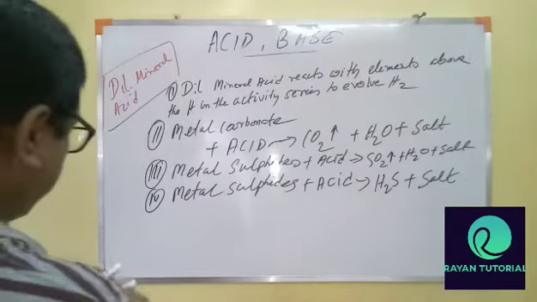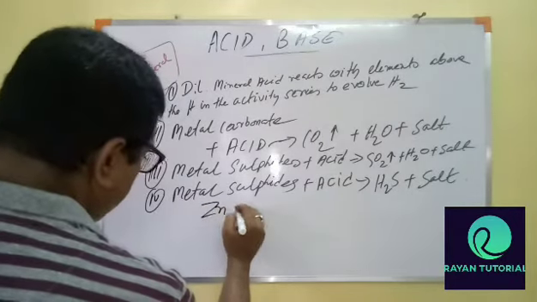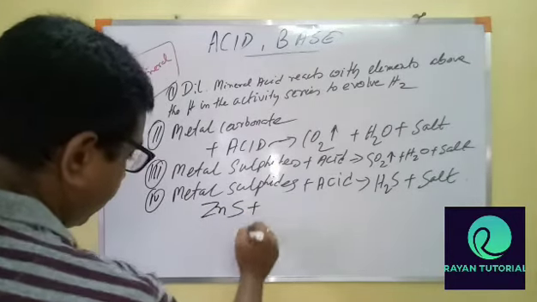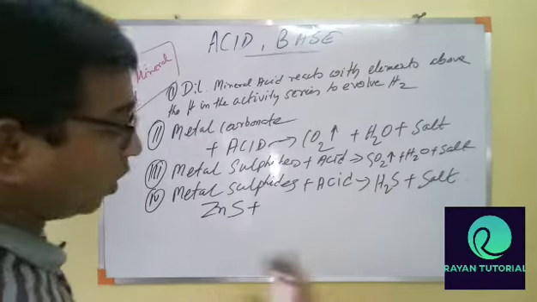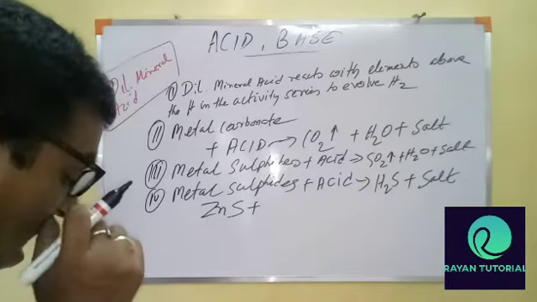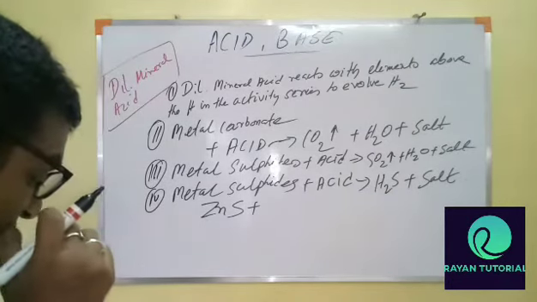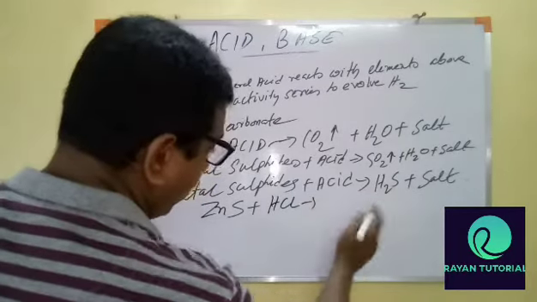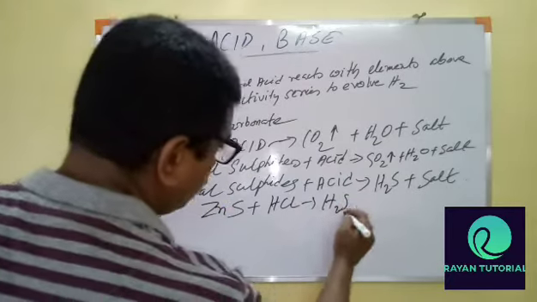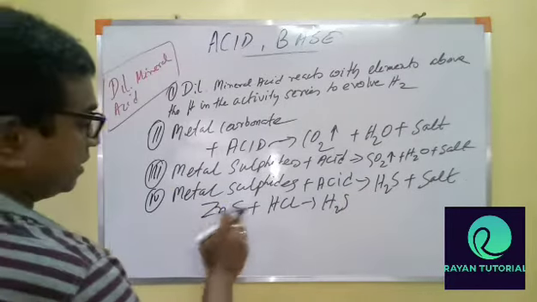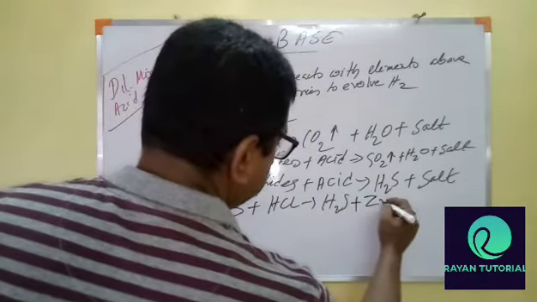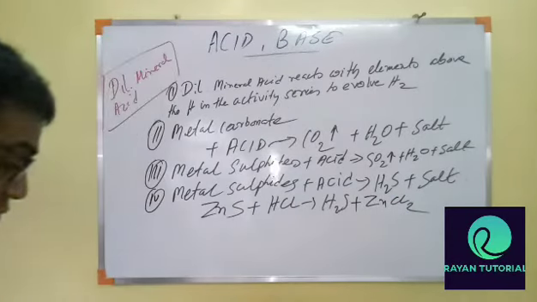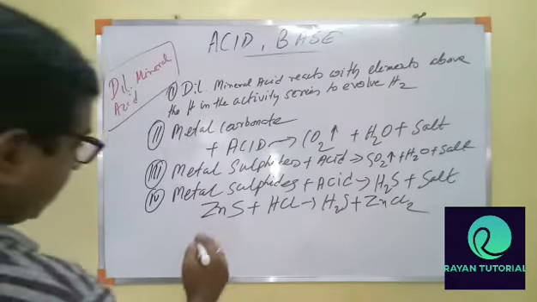Remember this one. Let me take the previous one, Zn. Metal sulfide ZnS plus HCl: H2S comes out plus ZnCl. Clear?